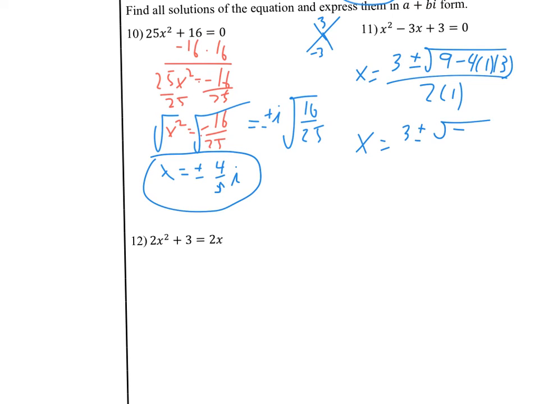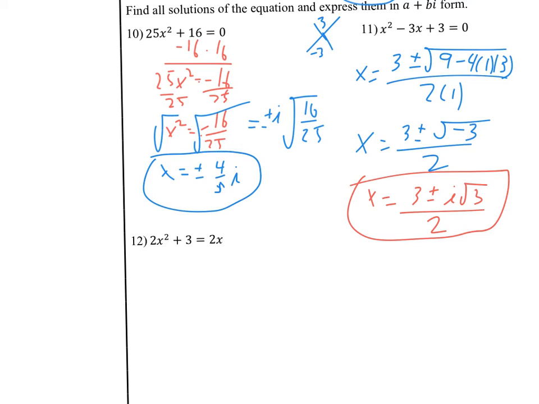It's 9 minus 12 is negative 3. And then we see here we do have a negative in the radical, so we want to go ahead and take the i out front. I don't see anything I can simplify, so we'll just leave our answer like that. Once again, especially with i, a lot of times they will separate these two. I would say it's fine either way, so just be aware that it may be written a couple different ways.